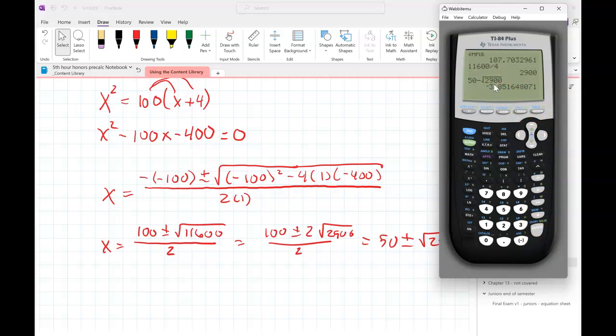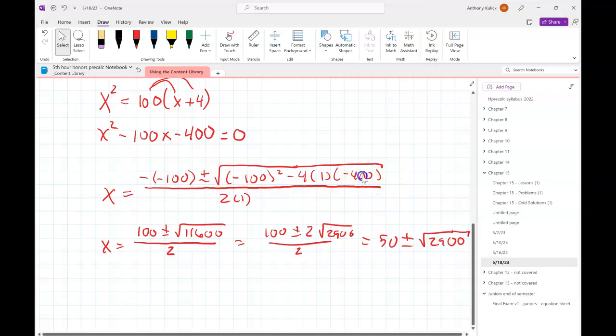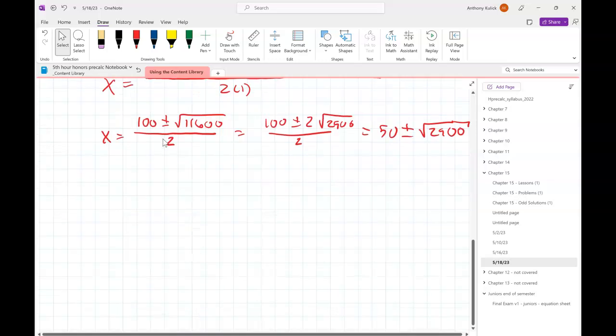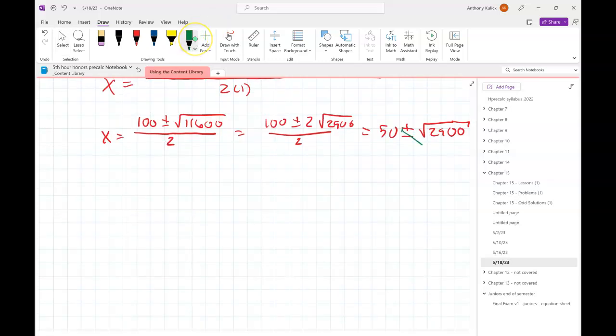Because now I'm going to go back and check for my extraneous solutions. If I go back to the beginning, I see that that negative is going to be a problem here, right? Because I'll have a negative inside of the log. So I'm going to know that the negative is no good. So my single solution is just going to be the positive 1.